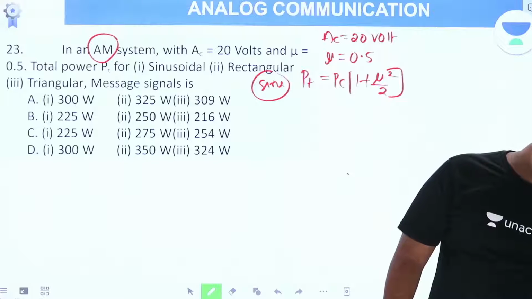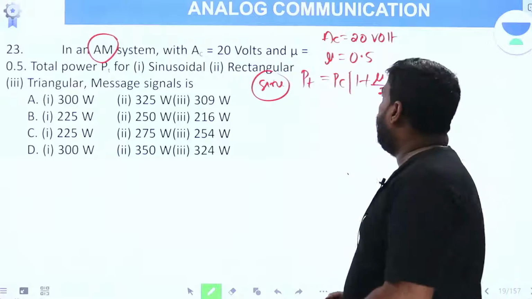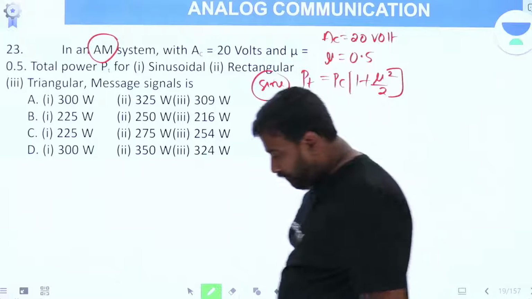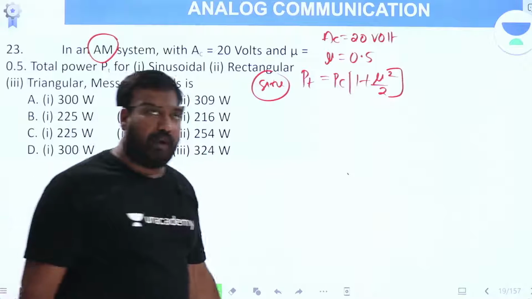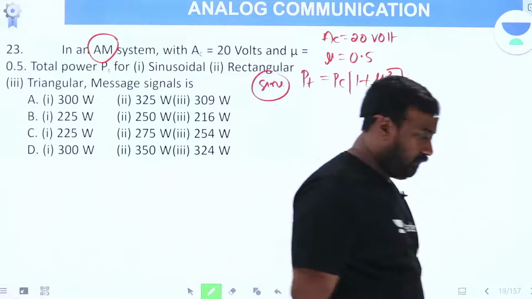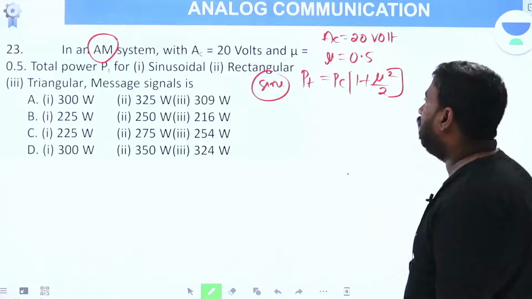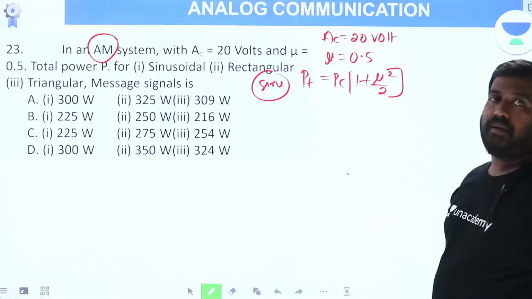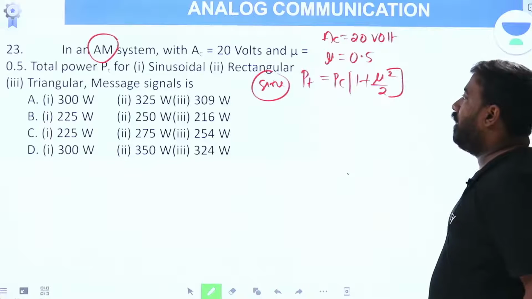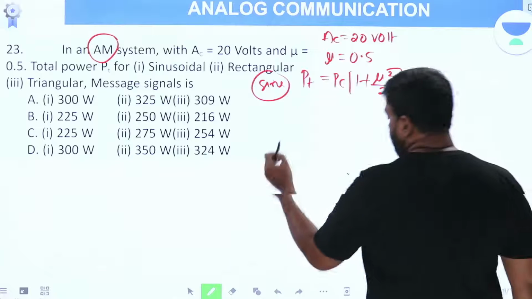Okay, fine, nice. Now calculate the total power for sinusoidal input.